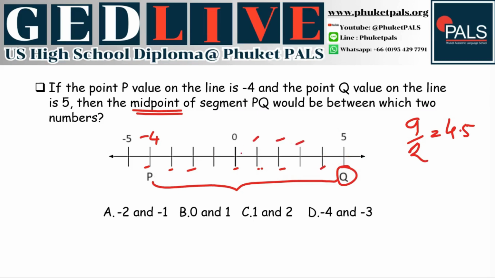And 4.5 will be here in the middle. So which number is coming there? It is in between which numbers? 0 and 1, right? If this is 1, this is 2, this is 3, this is 4 and 5. So the number 4.5, that is the midpoint of our distance between P and Q, will be coming in between 0 and 1. So B is the answer.